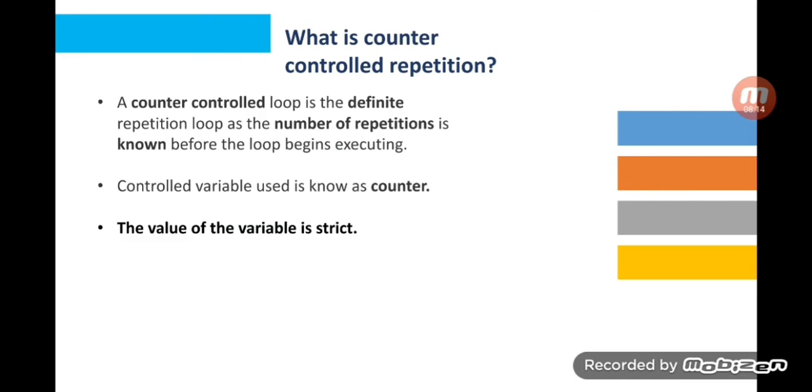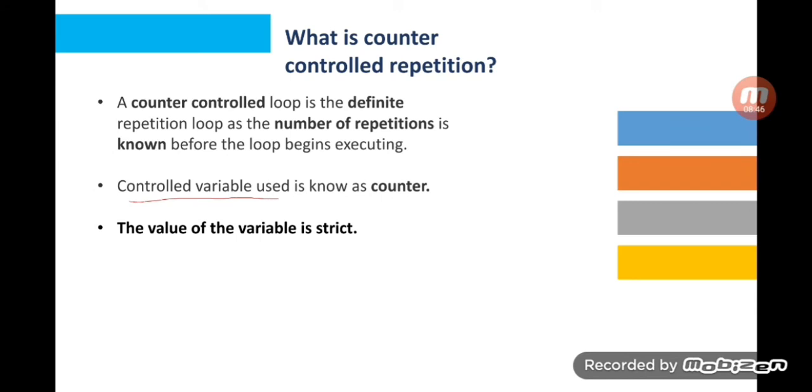The difference with counter control repetition: counter control repetition is a definite repetition loop, as the number of repetitions is known before the loop begins executing. Contoh macam example 1 tadi, we need to print the message for 10 times. So it has a counter.